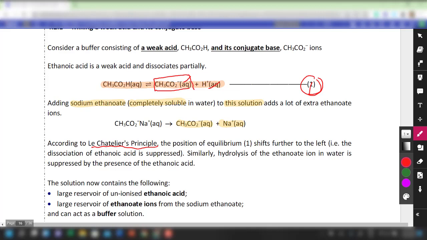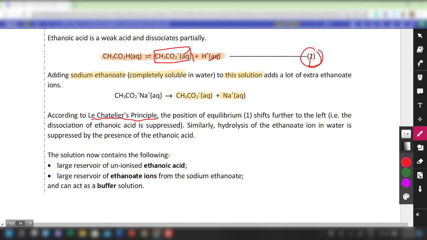Why is this important? Some of you will be a little bit puzzled at this instance. So what is the outcome? The outcome is that I will have a large reservoir of ethanoic acid, and I will also have a large reservoir of ethanoate anion because I've added them in artificially.